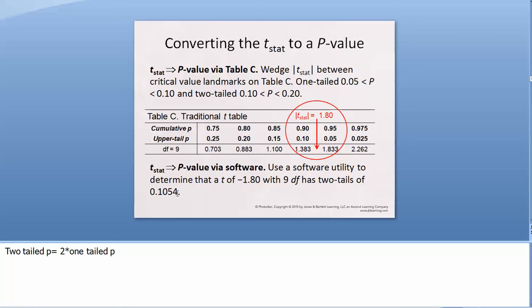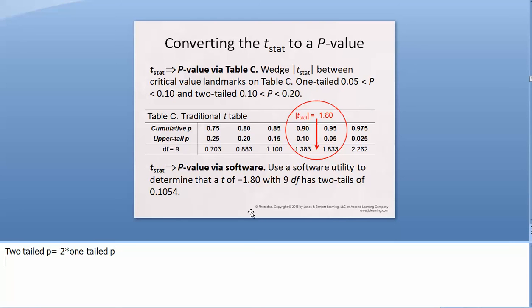Now that is, of course, now wait a minute. Now this is for two tails. If you use the software, you will get the two tails to be 0.1054. Now remember, the two-tailed p is equal to twice the one-tailed p, right? So if you divide 0.1054 by 2, let me do the working here.